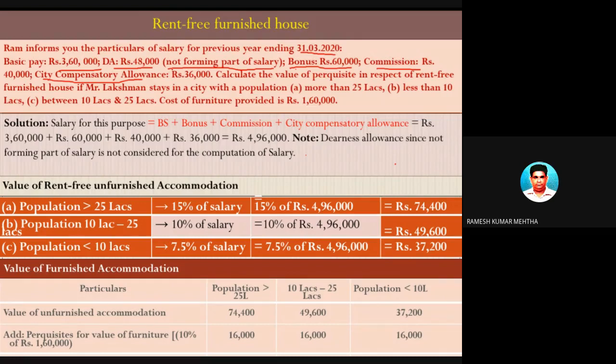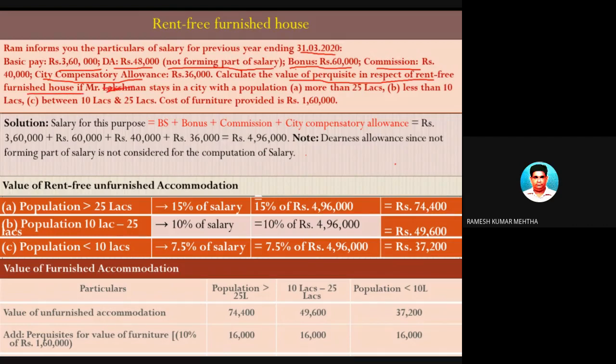Now calculate the perquisite in respect of rent-free furnished accommodation. This particular problem is of furnished accommodation, because we will see whether furniture is provided along with the rent-free accommodation or not. So you have to find out the value of the perquisite in respect of rent-free furnished accommodation.